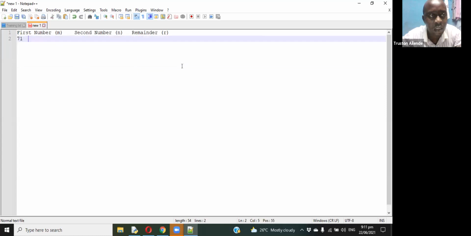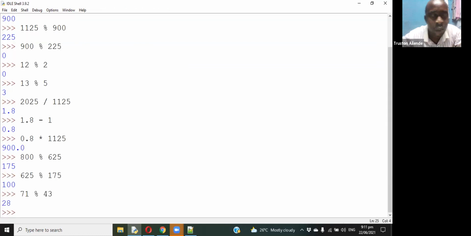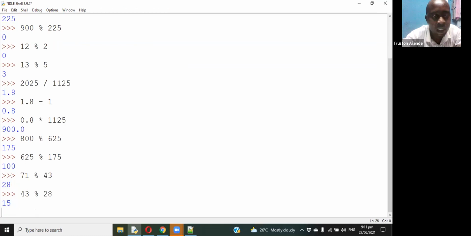Now we know that they are both prime numbers, so the HCF will be 1. 43 modulus 28 is 15.